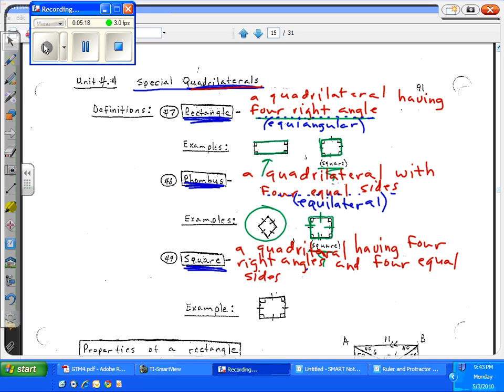The fancy word for being both equilateral and equiangular is regular, and so a square is a regular quadrilateral.